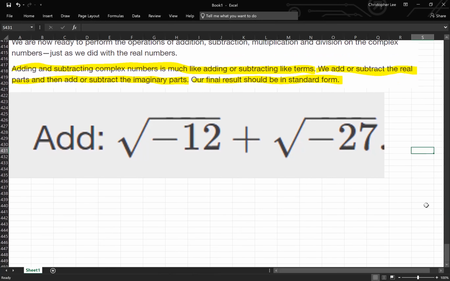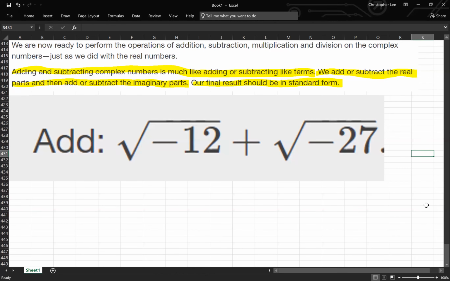So we want to add the square root of negative 12 plus the square root of negative 27. Help me out. What's the square root of negative 12? This gets broken down to the square root of negative 4 times the square root of 3. So that's 2i square root 3.